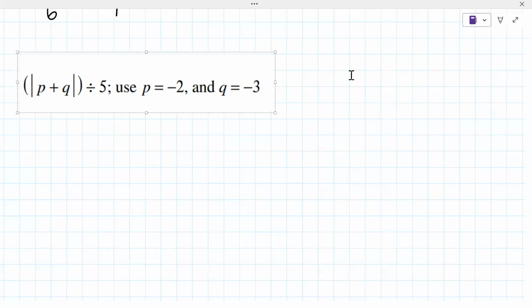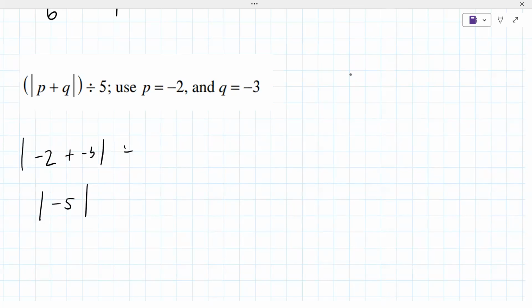All right, I am back. Would the answer be 1? It is 1. Yeah, it's -2 plus -3, absolute value of -5, which becomes 5 divided by 5, which is 1. All right, I think you're doing real well here. Just a couple more here. We can switch topics.